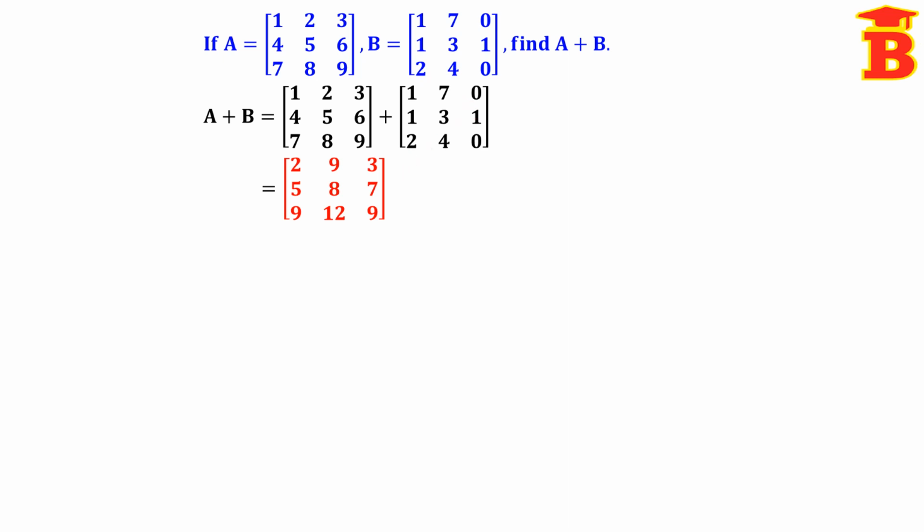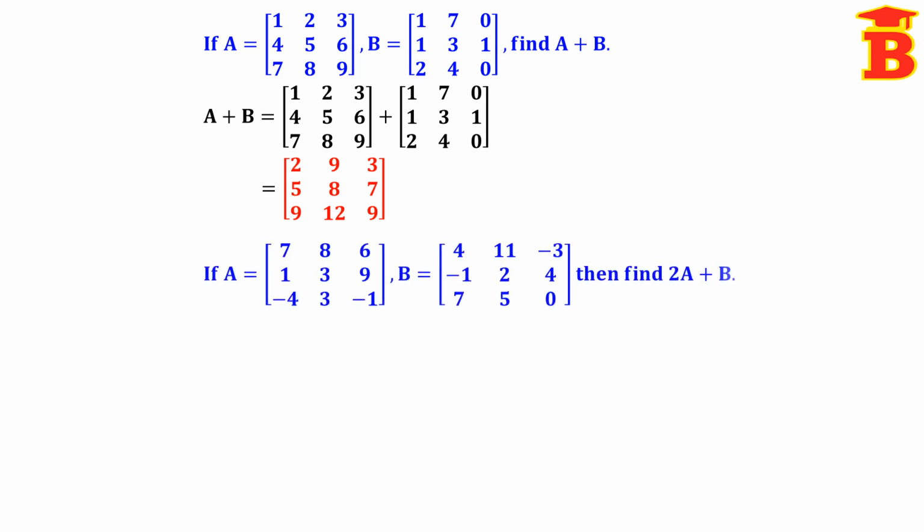Next, take third row and add with third row corresponding elements. 7 plus 2, 9. 8 plus 4, 12. 9 plus 0, 9. So therefore, A plus B answer is 2, 9, 3, 5, 8, 7, 9, 12, 9.